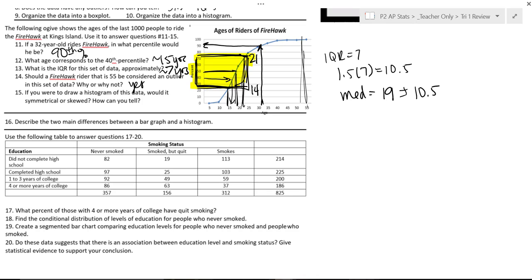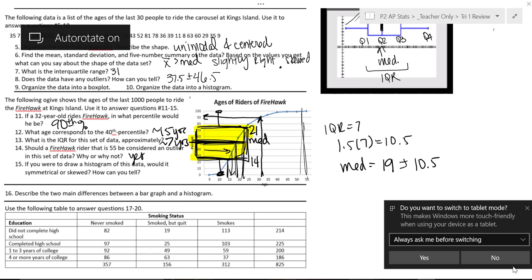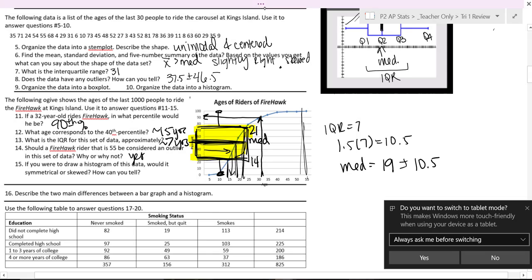We can get a really good idea here by looking at my faux box and whisker plot. So here's my median, here's my Q1, Q2. From Q2 all the way up to Q1, this is a lot shorter. So we're putting a lot of data in this small amount, where it looks like we have a lot of room here.